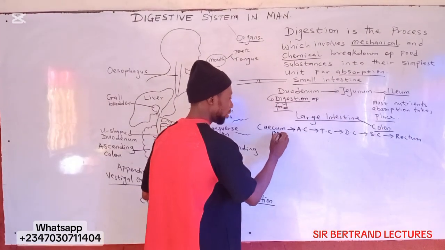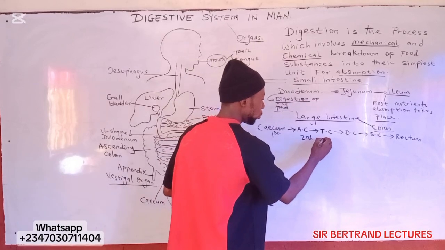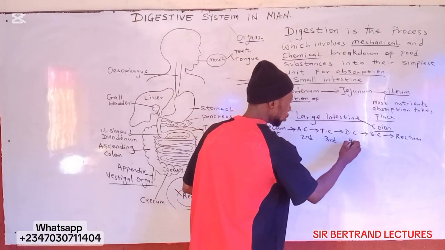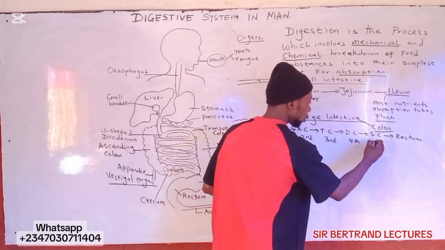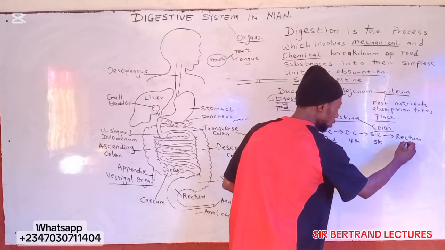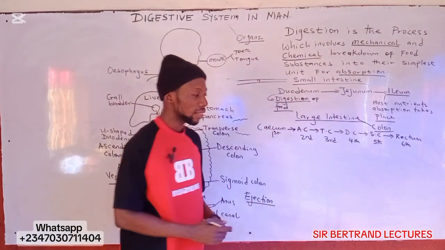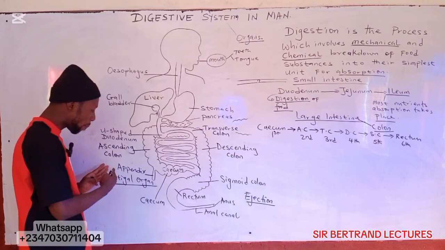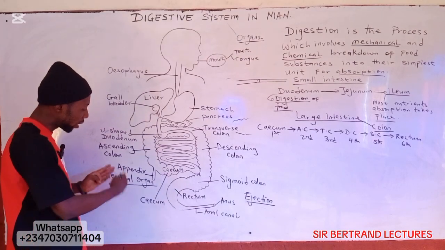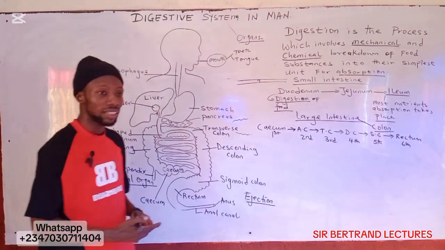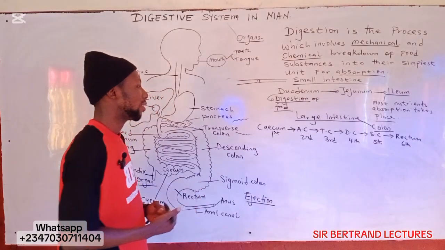This is the first part, the second, the third, the fourth, the fifth, and the sixth part. In some textbooks, the appendix is included as part of the large intestine.